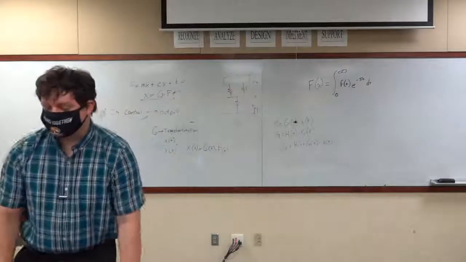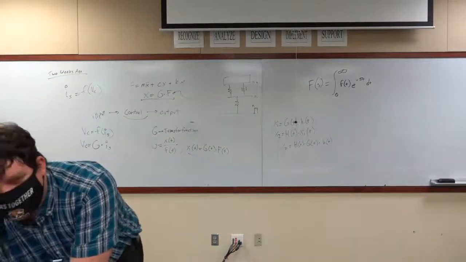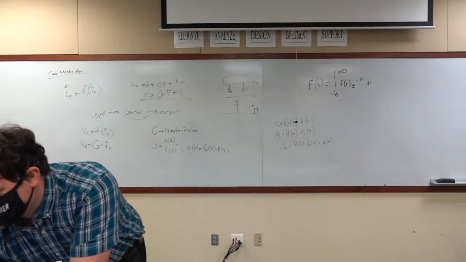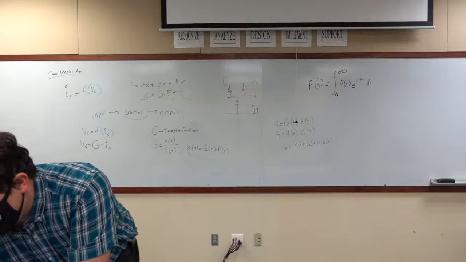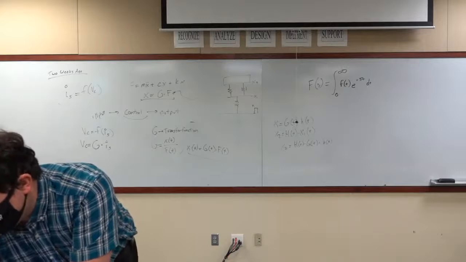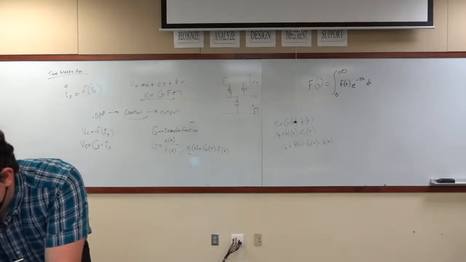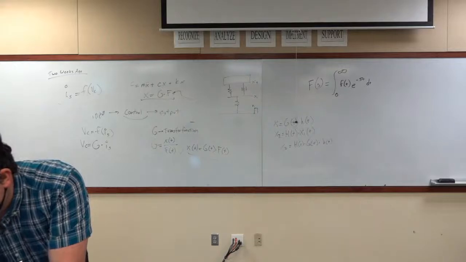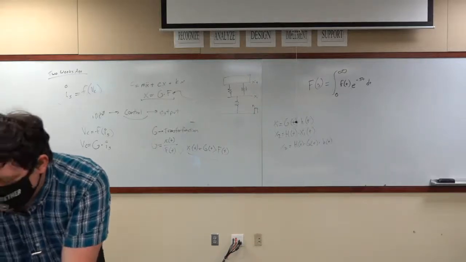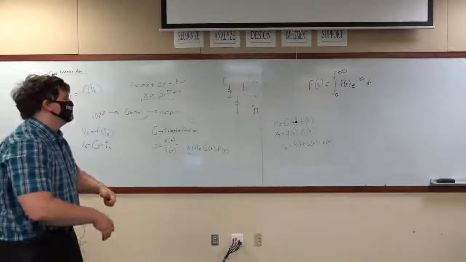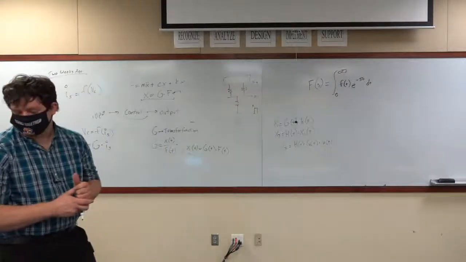So there is actually a massive inventory of Laplace transform tables available online. There's even one in your textbook. So I'm not requiring you to write these down, but there's just a ton of different Laplace transforms available.